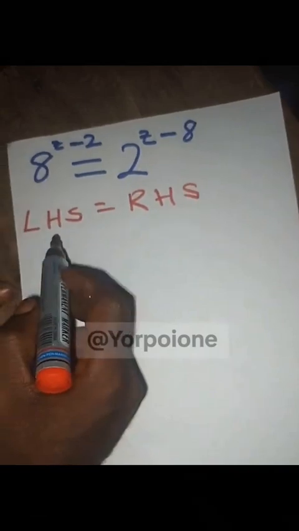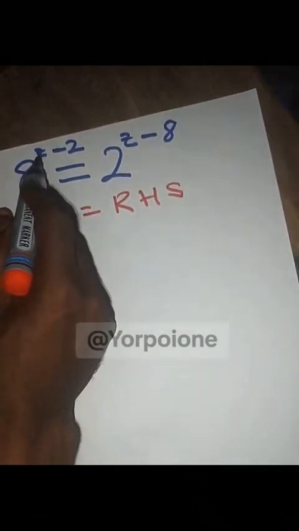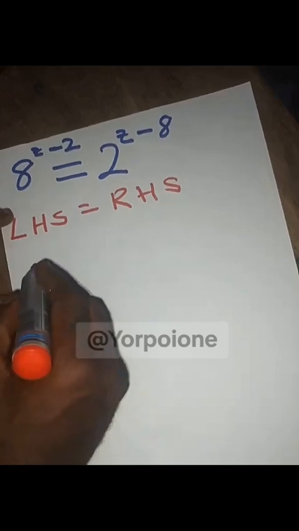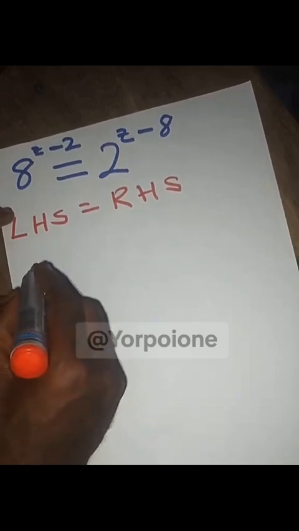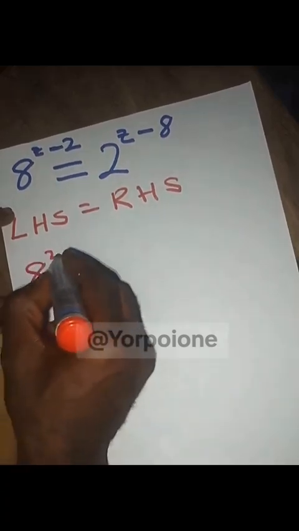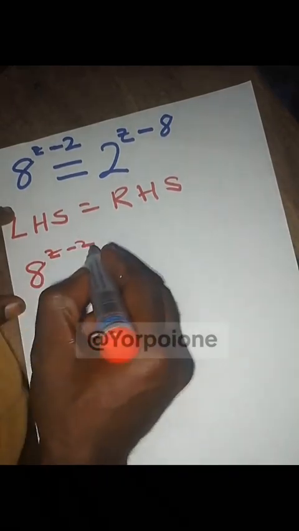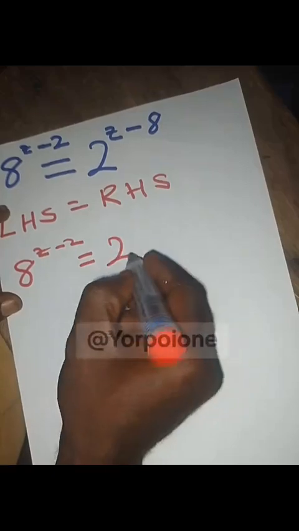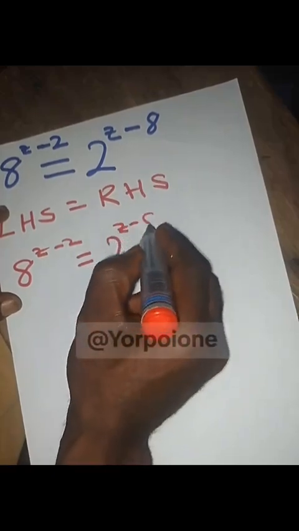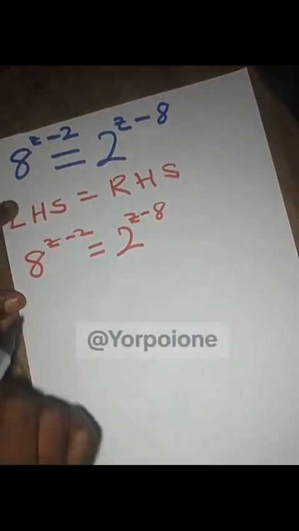Here is 8 to the power z minus 2, is equal to 2 to the power z minus 8. So what do we do here?